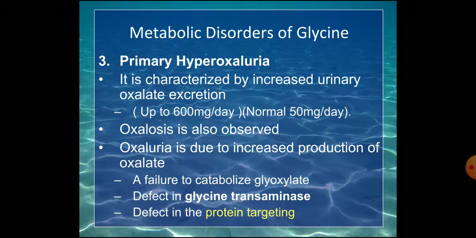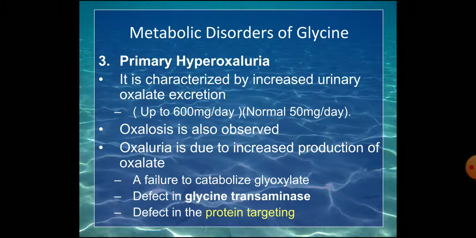So in this metabolic disorder, there is a protein targeting defect. Actually, this enzyme glycine transaminase should be transported to the peroxisome.